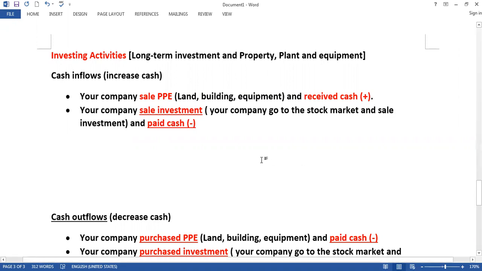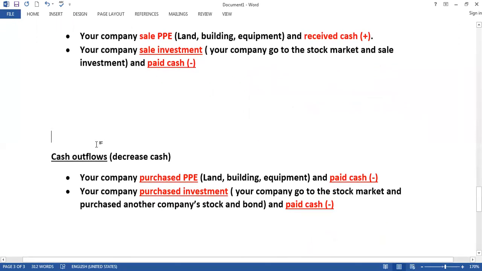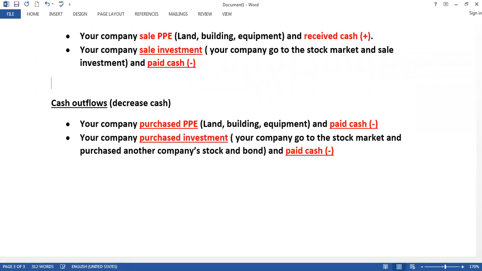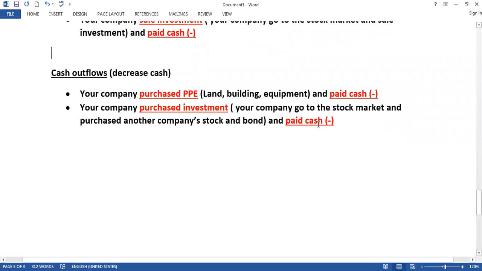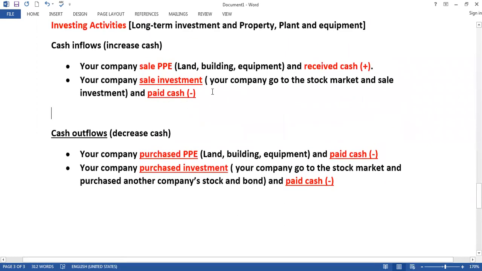So you can buy another company's stock, okay, anytime, and you can also sell it anytime. So you buy investment and you can sell your investment again. So when you sell investment, you receive cash. So plus item.